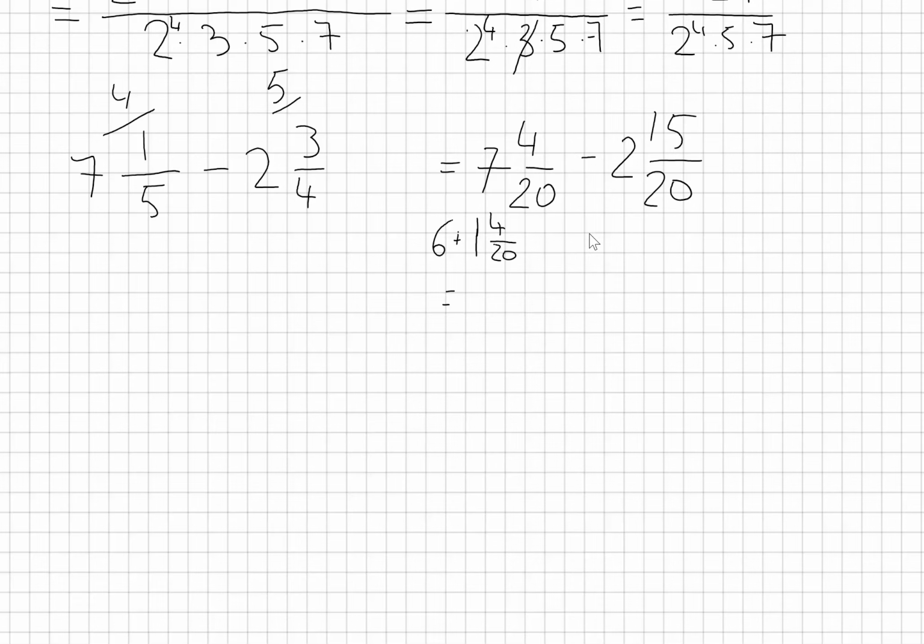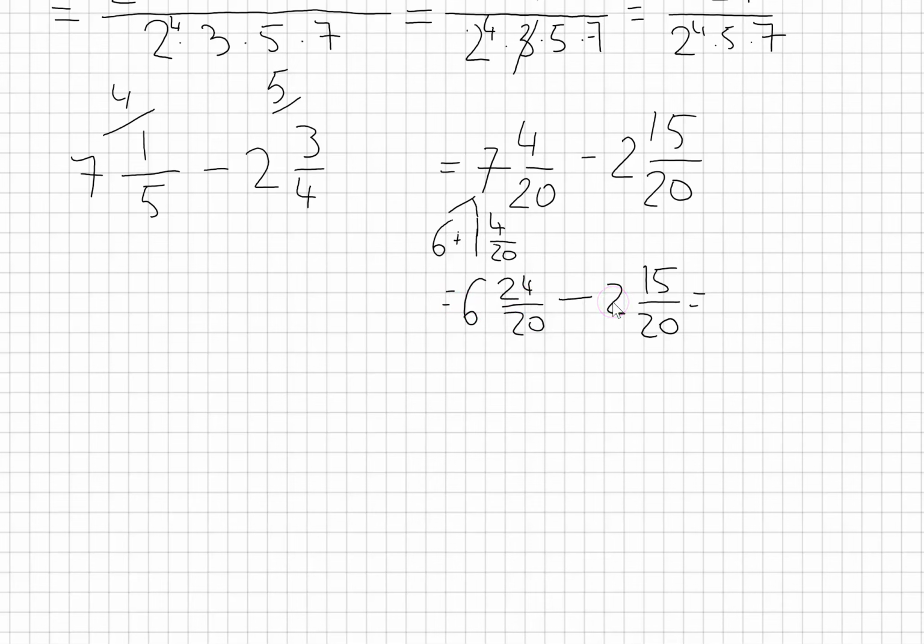So 1 times 20, 20, plus the 4, is 24 over 20. Minus 2 and 15 over 20.